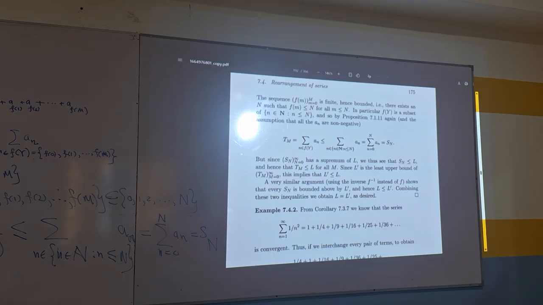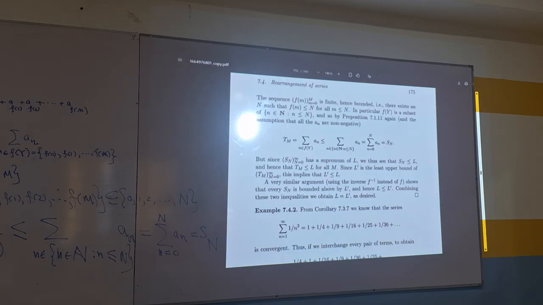The same thing can be written, but then you have to say fix capital N instead of capital M, and say not Y, but X. Here you said Y, the set of all m belonging to N such that m or n less than or equal to capital N. If you go through the same statements, you will get Tm less than or equal to Sn, and then Sn less than or equal to some Tm.